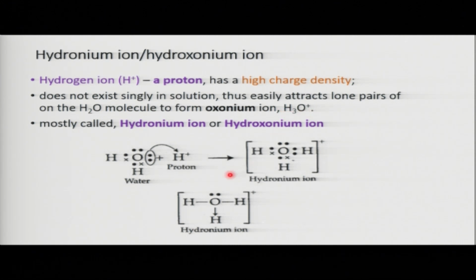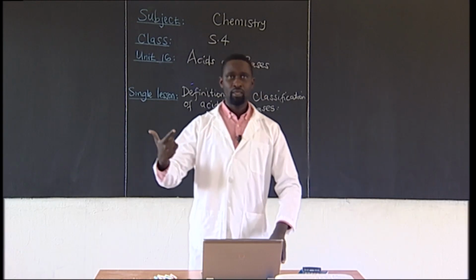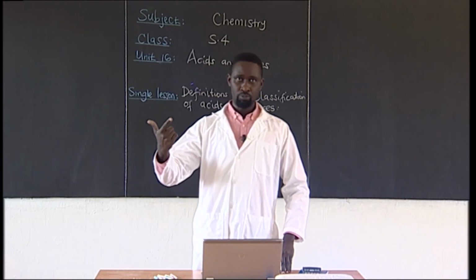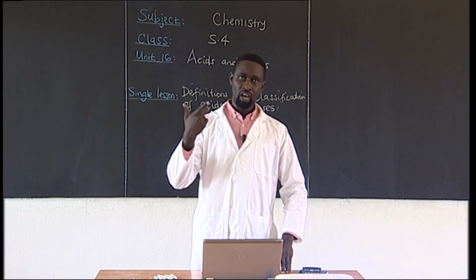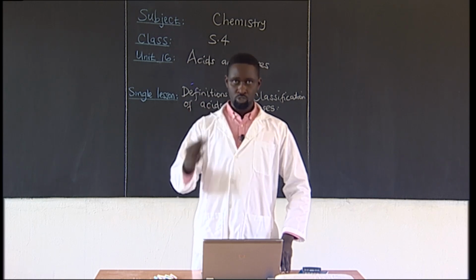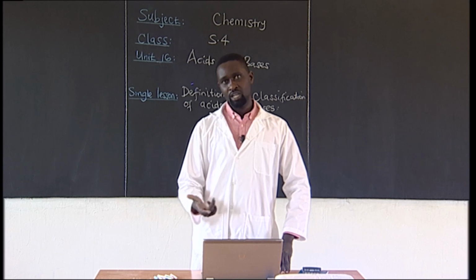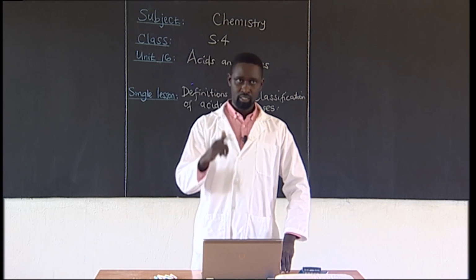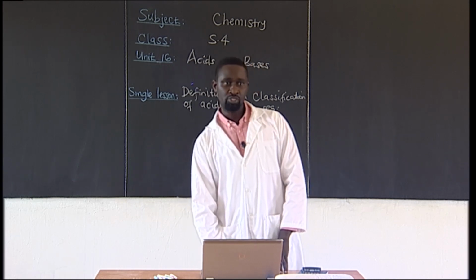So if we use this structure, or we use hydrogen ions, exactly we are meaning this molecule, the hydronium ion. That is the one key term defined now. When we're talking of hydronium ion, hydroxonium ion, hydrogen ion, we are synonymously referring to this structure.